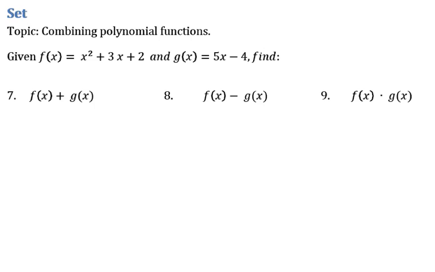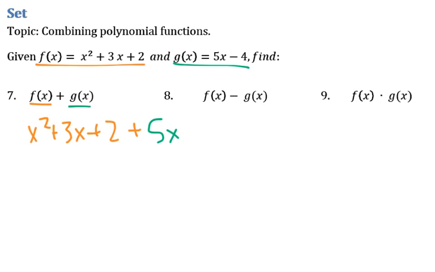Okay, now we're combining polynomials. So we've got f of x, we've got g of x. So we want to find f of x plus g of x. So I write f of x, x squared plus 3x plus 2, plus, then I write g of x, 5x minus 4. Then we combine like terms.